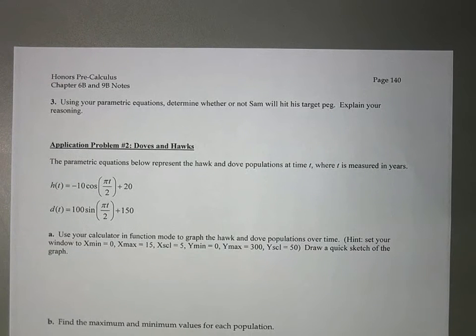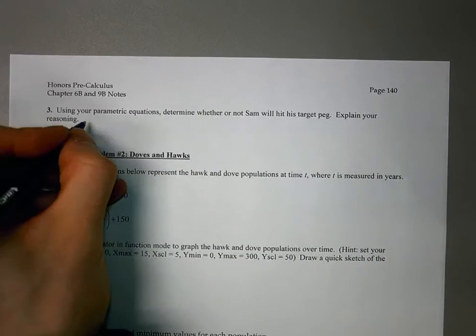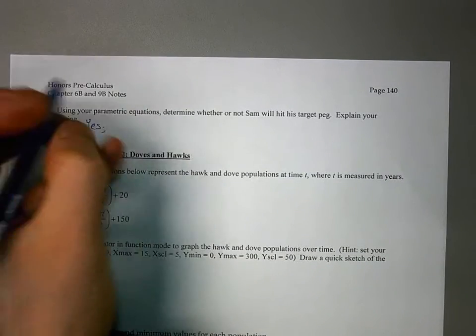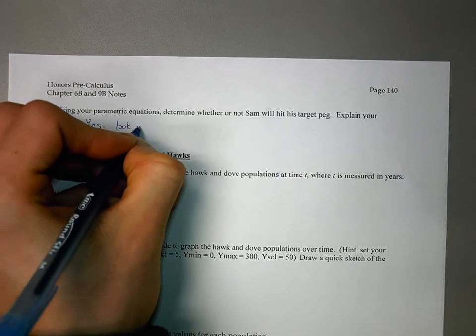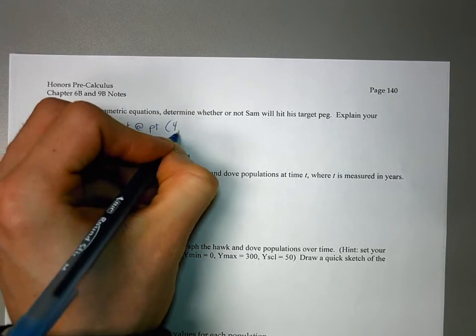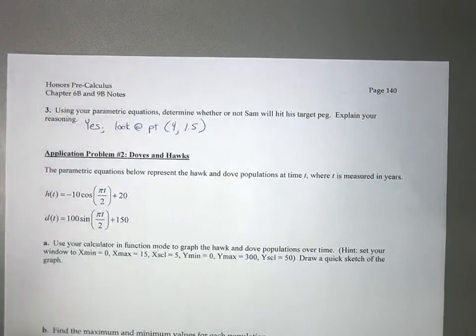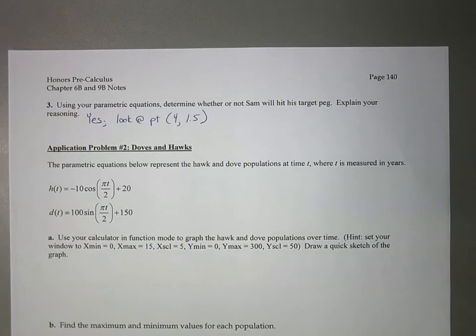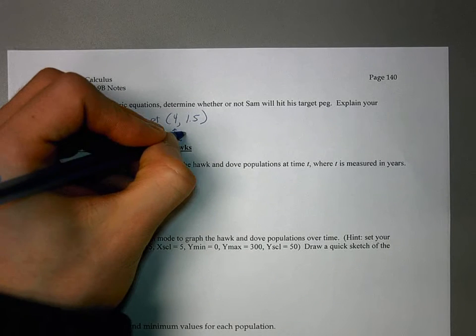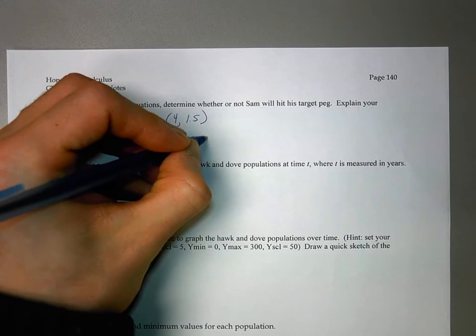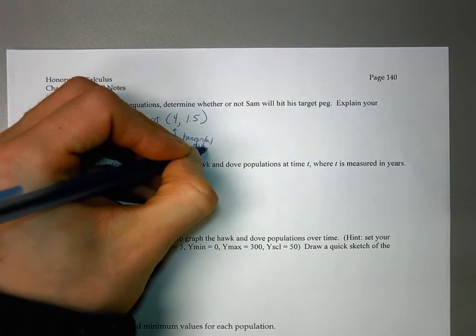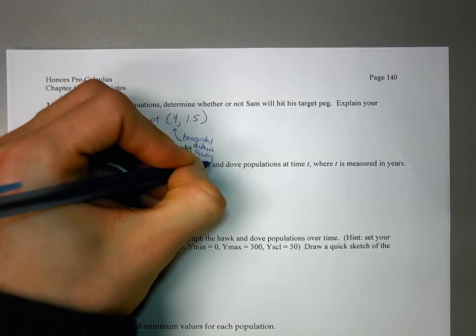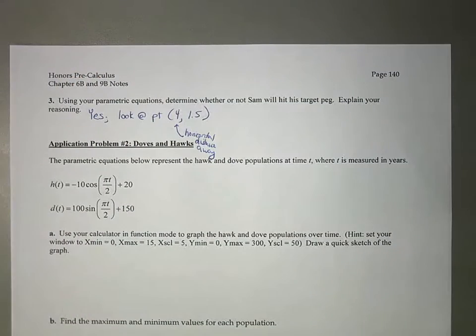We know that the height of the peg needs to be computed. So we are going to see, yes, Sam does hit the peg. And we're going to look at the point 4, 1.5. Remember, that 4 is telling us the horizontal distance away. So that's the piece that I want to look at, the point 4, the horizontal distance away.